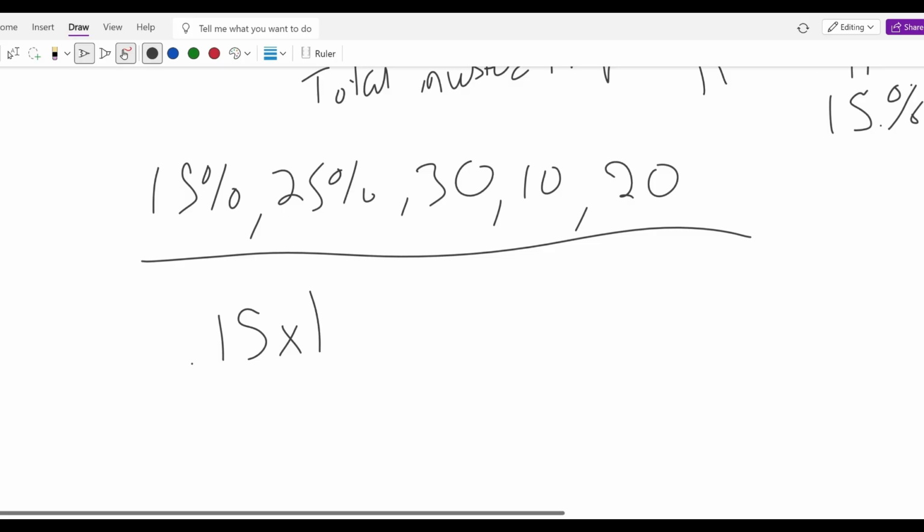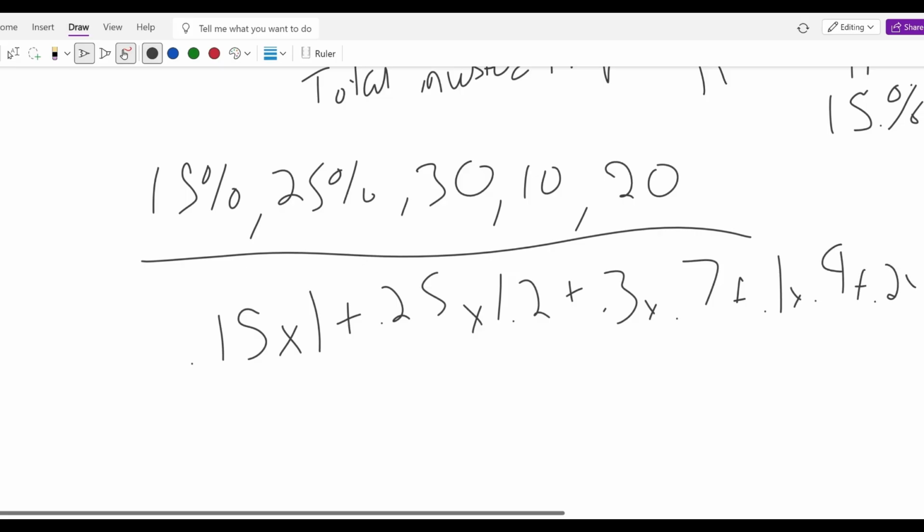You do that for all of them: plus 0.25 times 1.2, plus 0.3 times 0.7, plus 0.1 times 0.9, and plus 0.2 times 1.4. And if you put all of those together, that is 1.03 for the weighted beta for the entire portfolio.